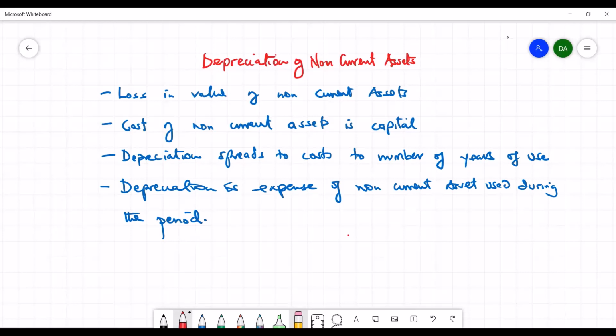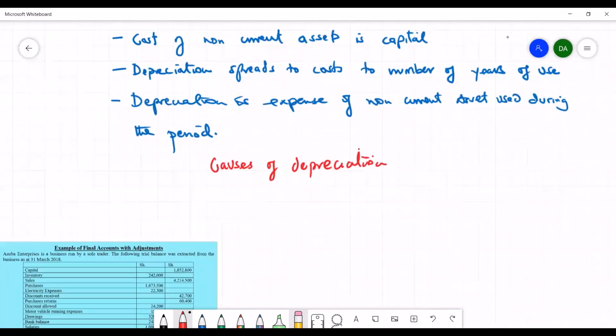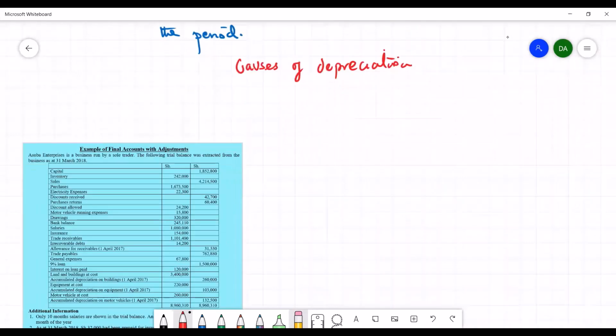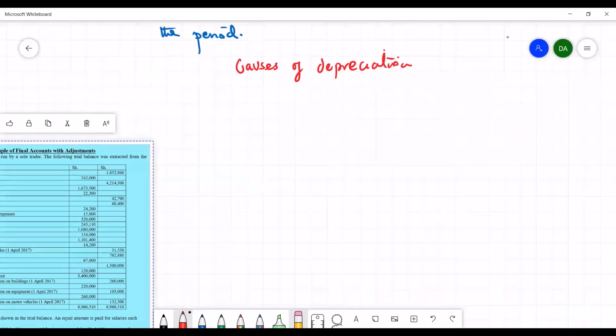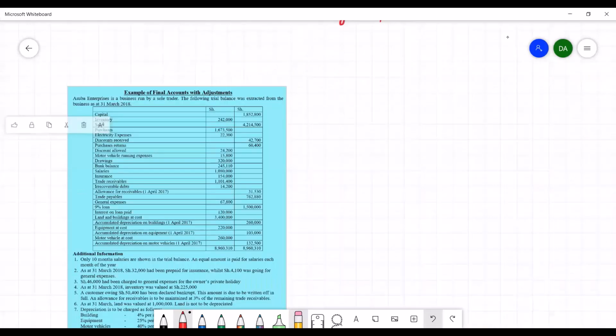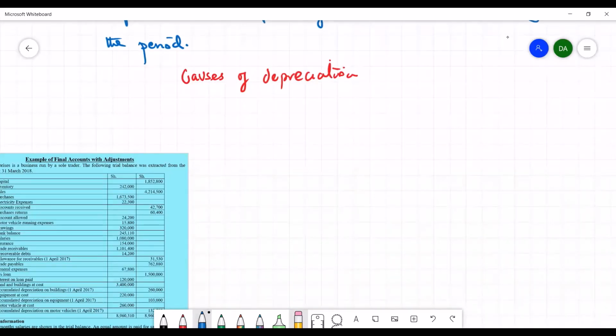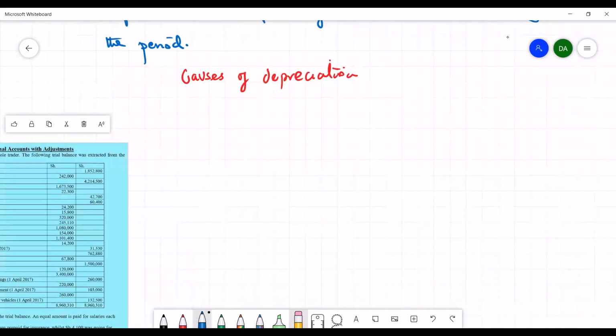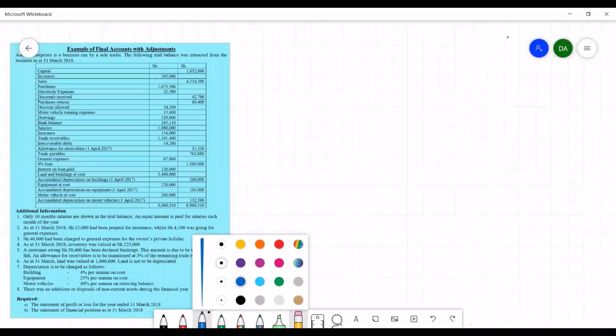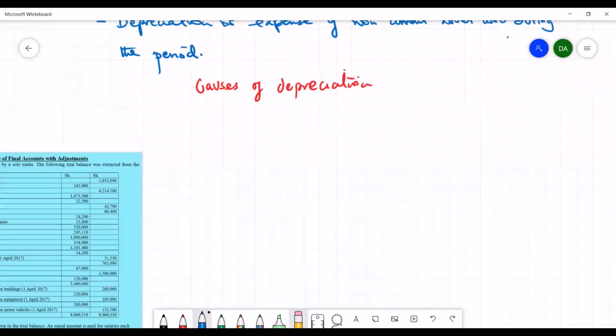Causes of depreciation. The reasons why an asset is expected to be losing value include the following. Number one, physical factors.